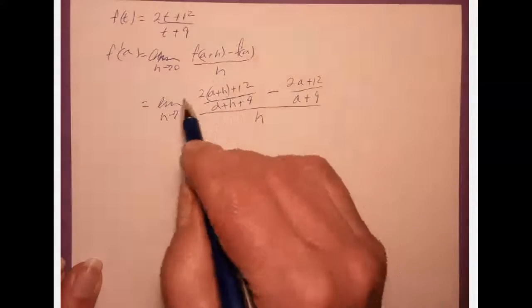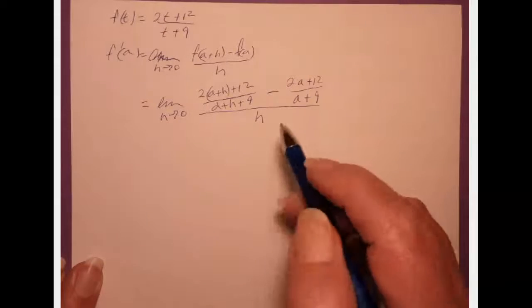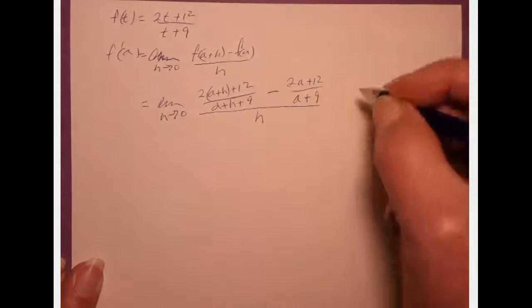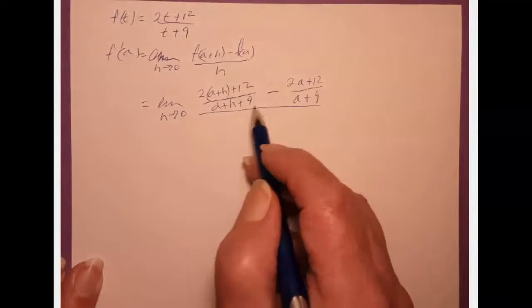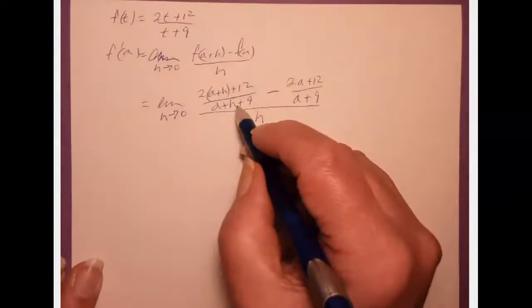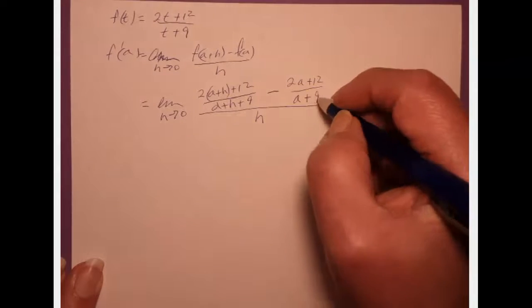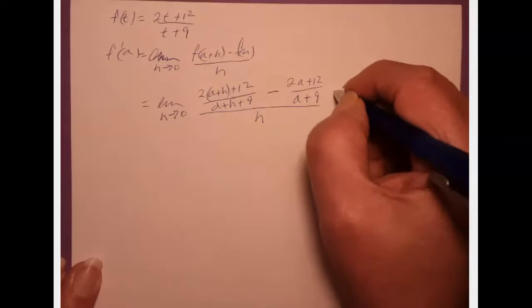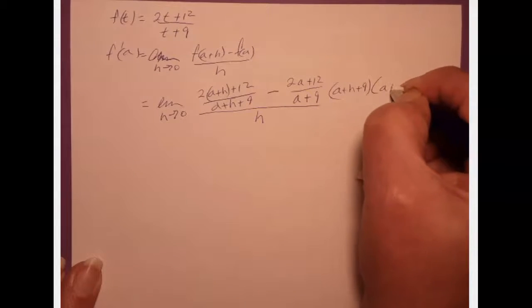Now I know when I get done here, I'm going to factor out an h and that will be my answer. But here I need an LCD again so I can see that these two don't share anything. I mean, it looks like they do, but they're not factors they're sharing. If I put numbers in here, there's no way I'm going to get the same numbers over here. So these are not the same. They're not factors of each other. So I need an a plus h plus 9 times an a plus 9.